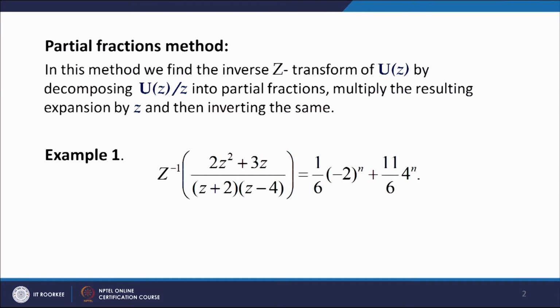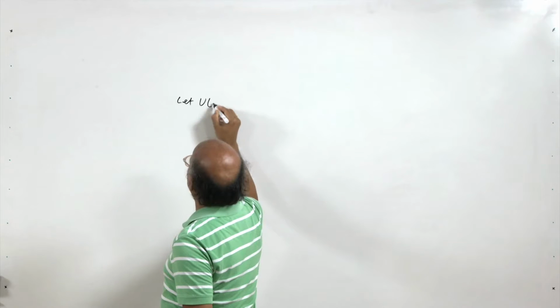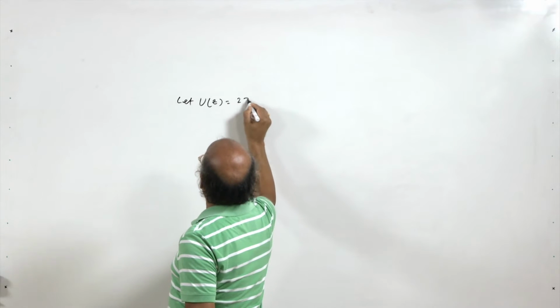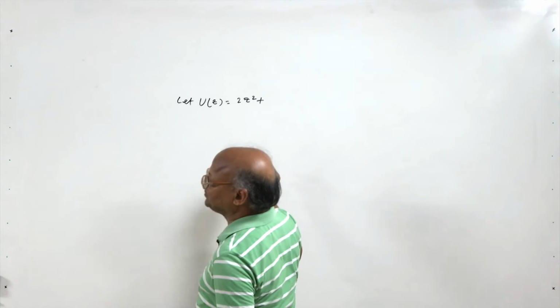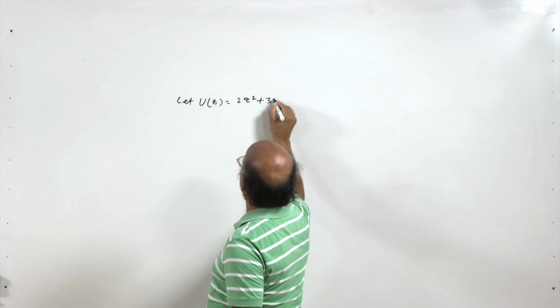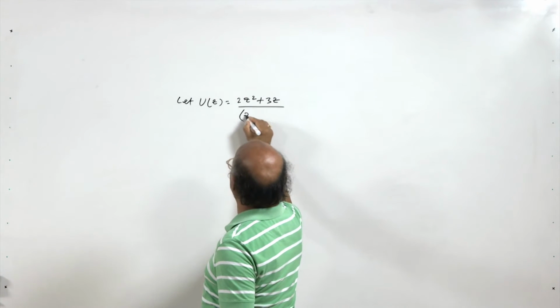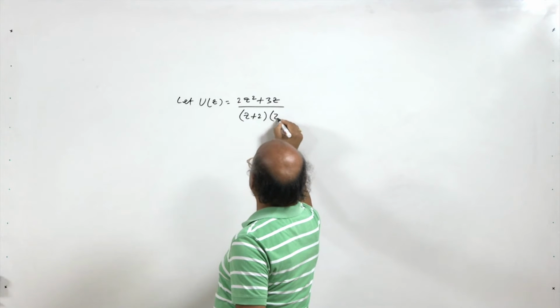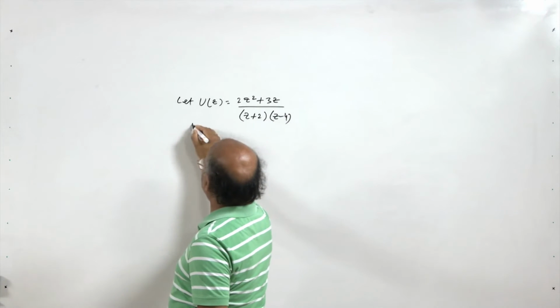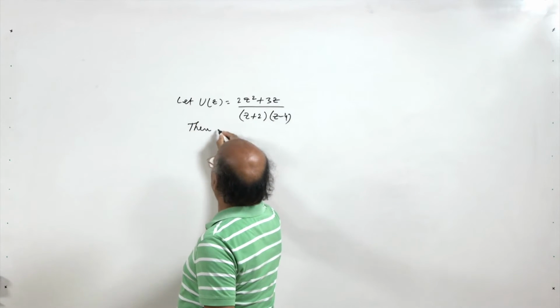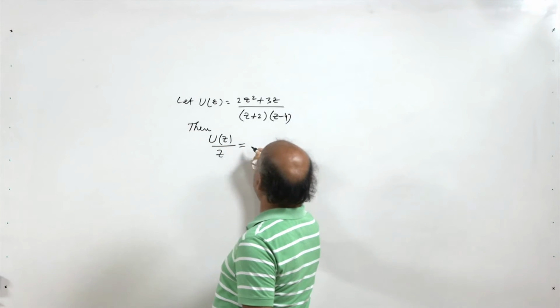So, let U(z) equal to (2z square plus 3z) divided by (z plus 2)(z minus 4). Then we consider U(z) by z.